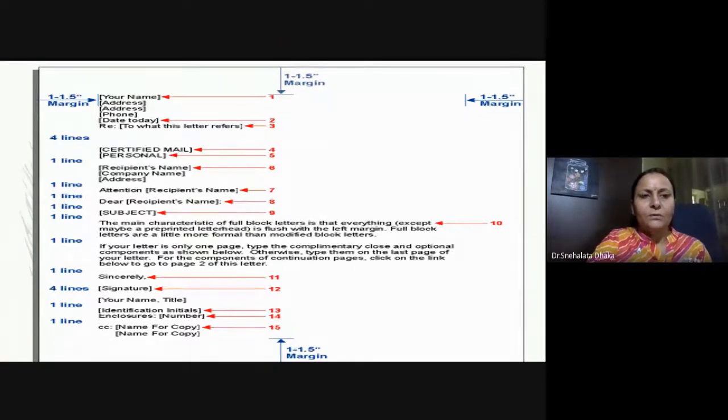So only this slight change is there in all these three formats in terms of the position of the steps of the letter. Is it fine?